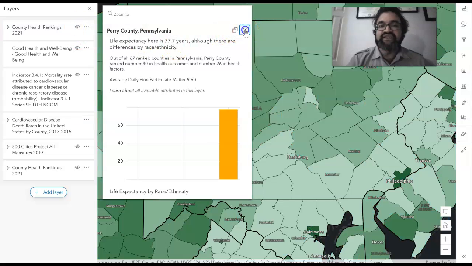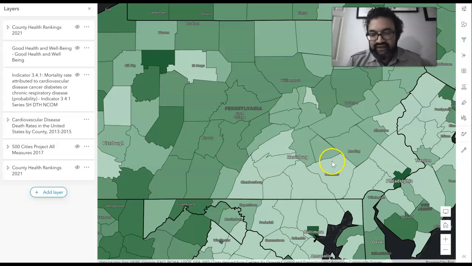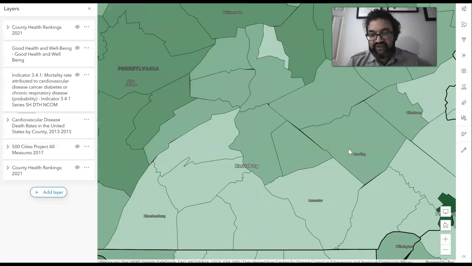And some of these regions, now Lancaster County does not have as much high cardiovascular disease mortality, but some of the surrounding regions, like Reading, Berks County, does have higher cardiovascular mortality.